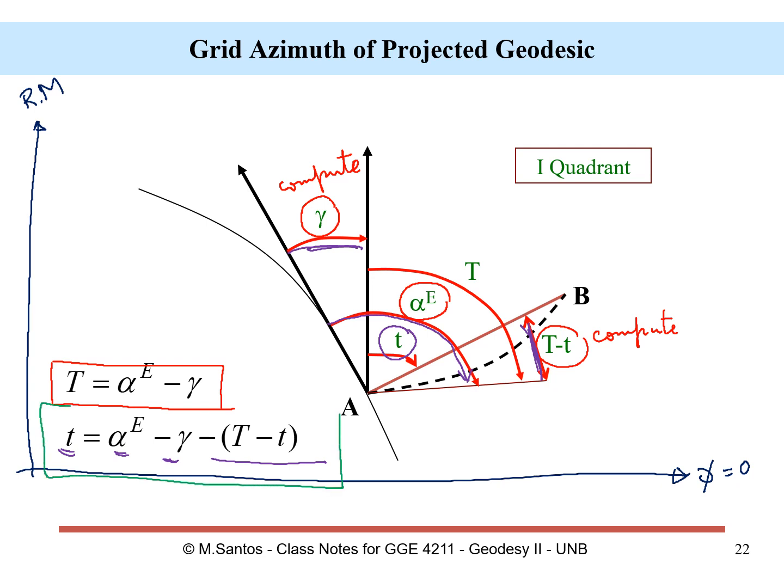We can always use this equation. We compute gamma, we compute T minus t, it will come with the proper sign. So it doesn't matter the situation where we are, the first, second, third, or fourth quadrant, this expression will always hold, provided we are using gamma and T minus t with the sign as given in their computations.